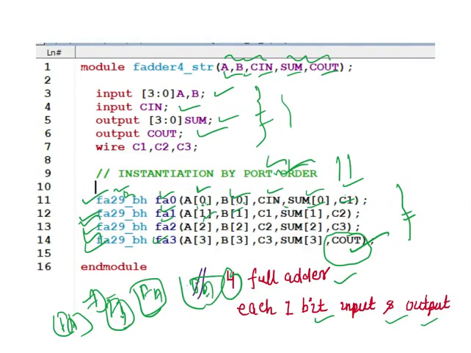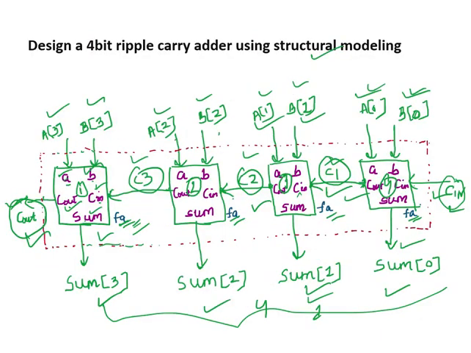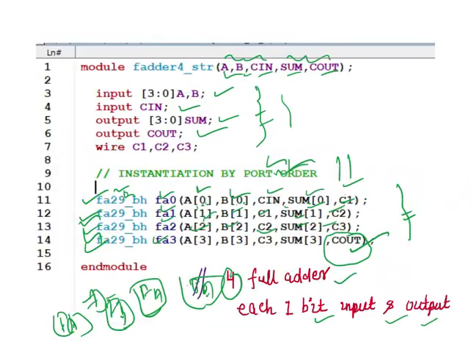A1, B1, C1, sum 1, C2. So the next part is A2, B2, C2, sum 2, C3. This is how it works. The way you have drawn your circuit, the same way you have to code it. Okay. So this is how it works. The last part is C out, sum 3, C3, B3, A3.